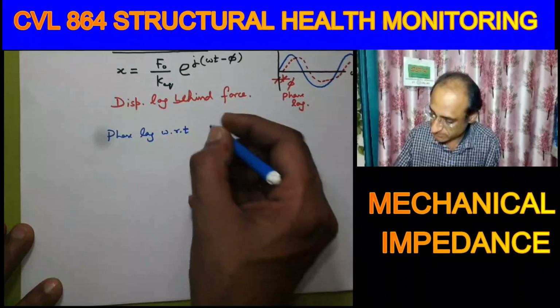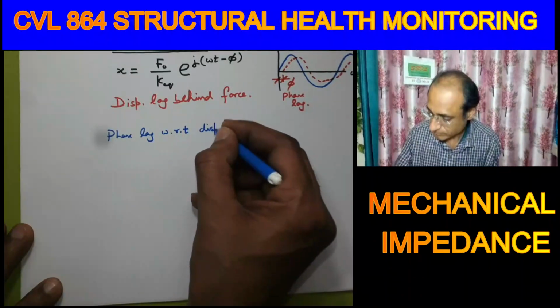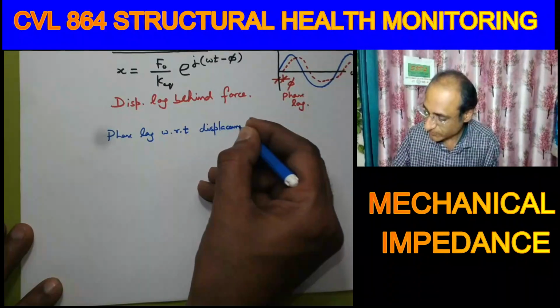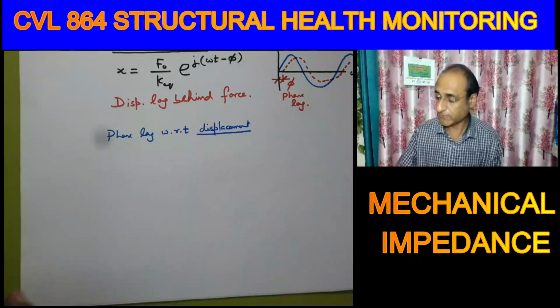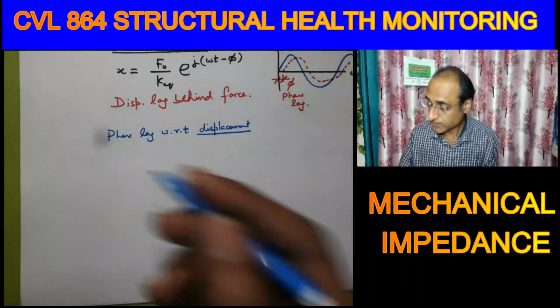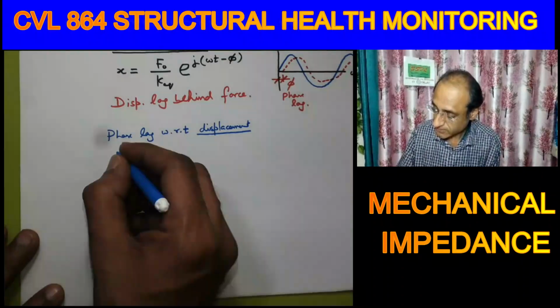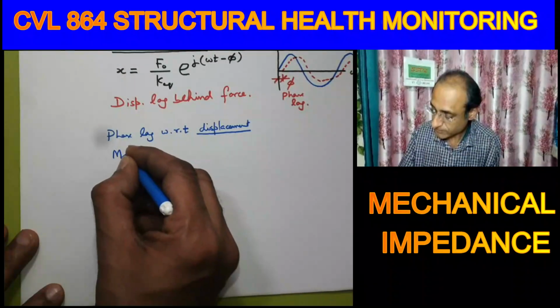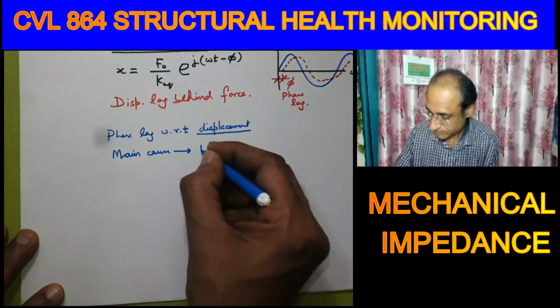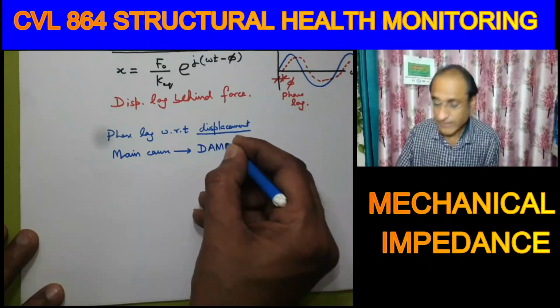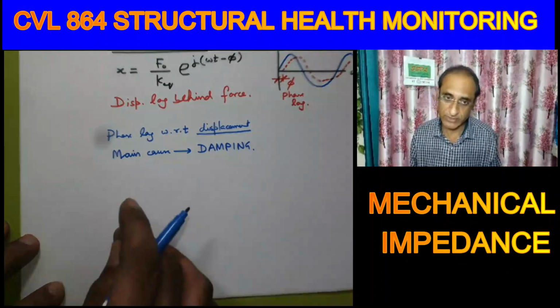When we say phase lag we are measuring between force and displacement, that's why I have written with respect to displacement. The main cause, or the only cause, is damping. So if damping is not there, there won't be any phase difference.